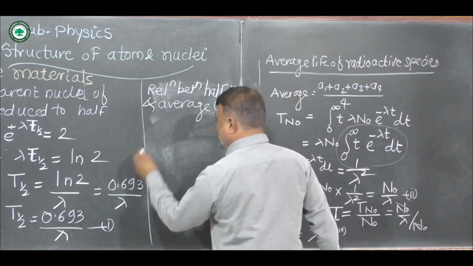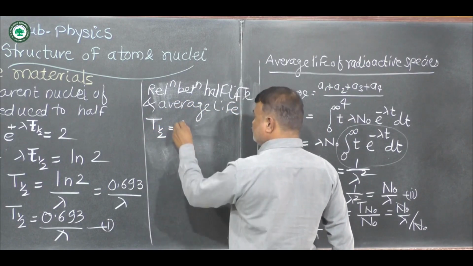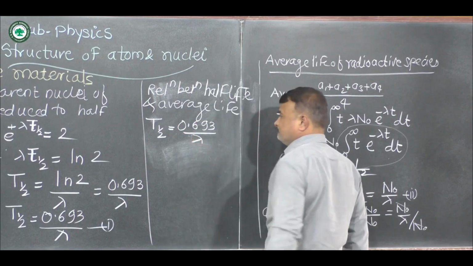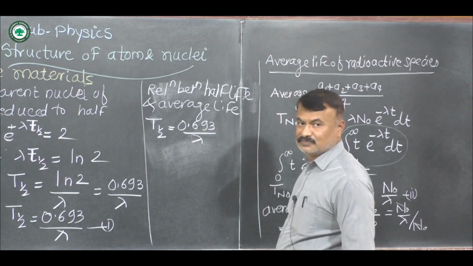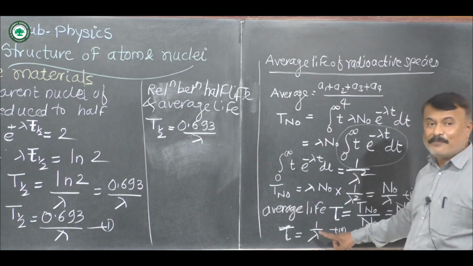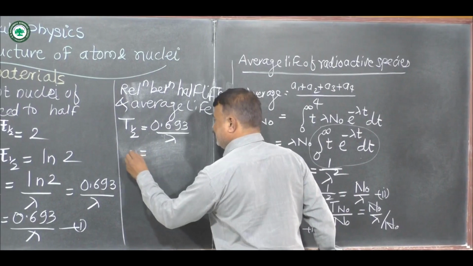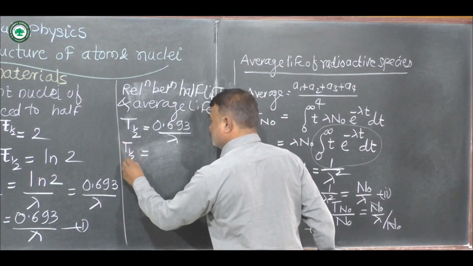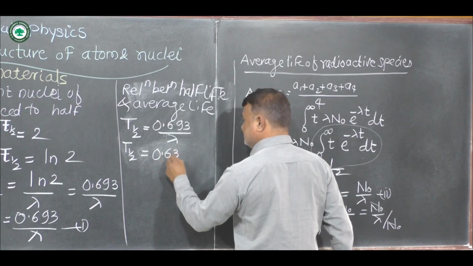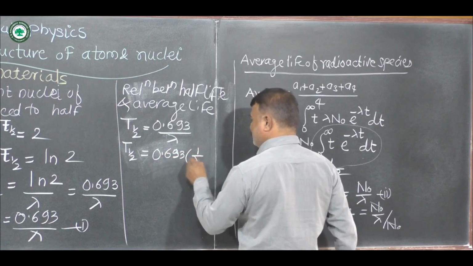Half life is given by t half is equal to 0.693 upon lambda. But we know that tau, the average life, is equal to 1 upon lambda. So by substituting this, we can write t half is equal to 0.693 into 1 by lambda.